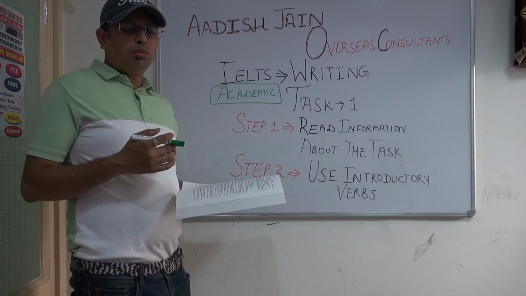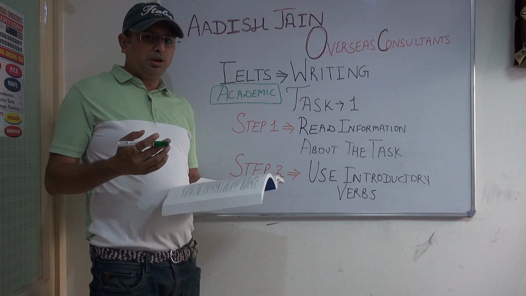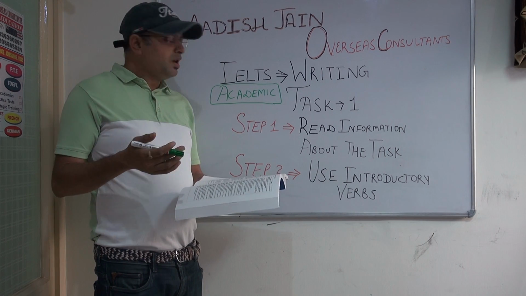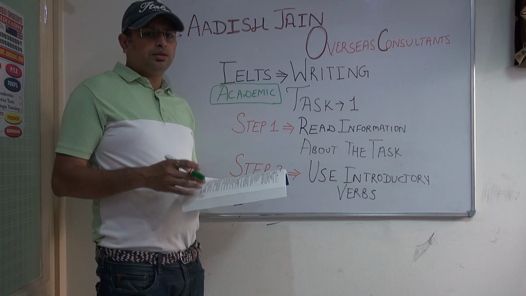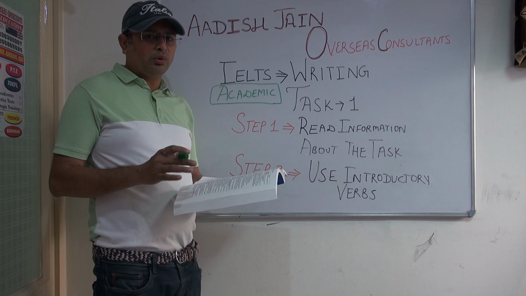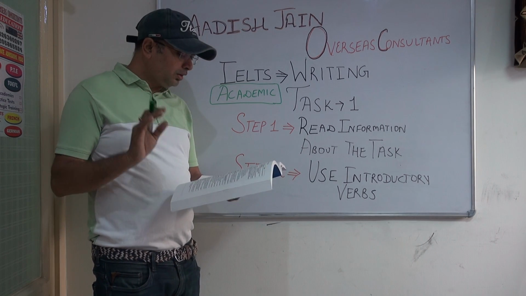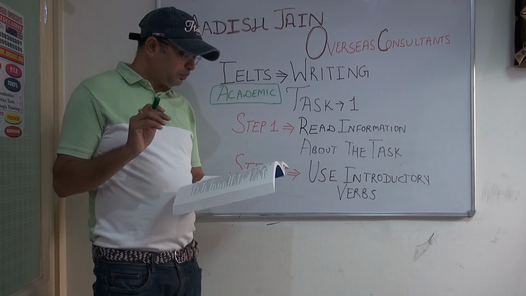Yes, calculations are important because they improve the analytical ability of the student, but at the same point in time, in these task 1 topics, the greater analytical skills are not required. We just need to present the data in the right sequence, in a well-organized manner.